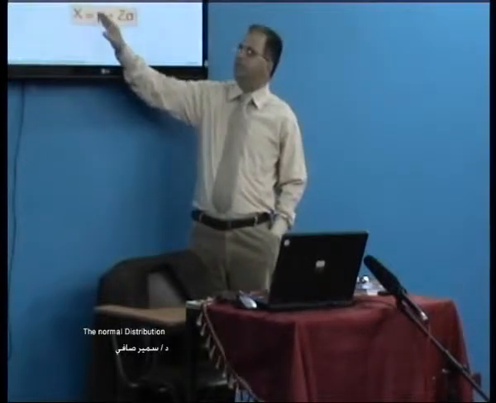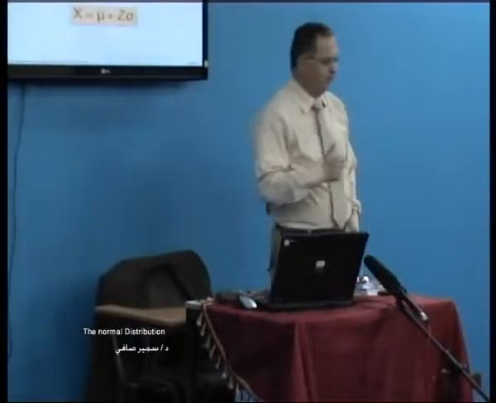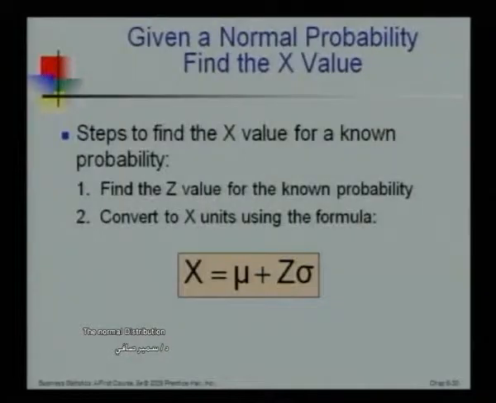And x is just mu plus sigma times z. So first step, find the z-value corresponding to the known probability. Then use that z-score to find the value of x by using this equation: x equals mu plus z sigma.